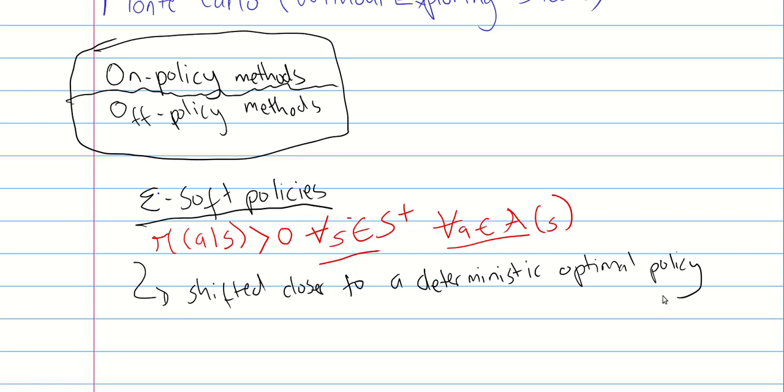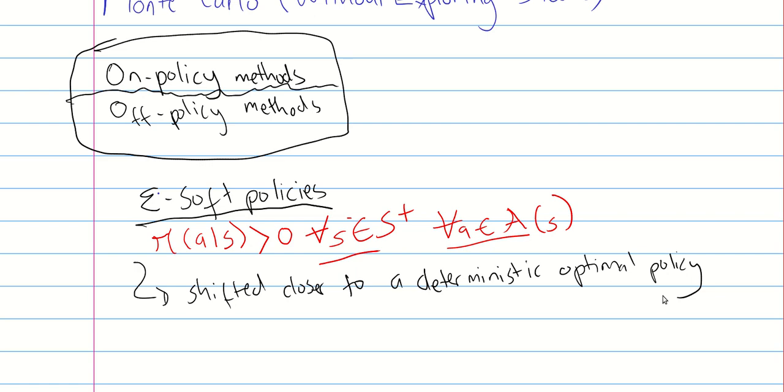So if we don't make this assumption of epsilon-soft policies, we're going to miss certain actions sometimes. To make sure that we find the true optimal policy, we need to make sure that all actions are explored in some way, which is why these epsilon-soft policies exist. That's the motivation behind this.